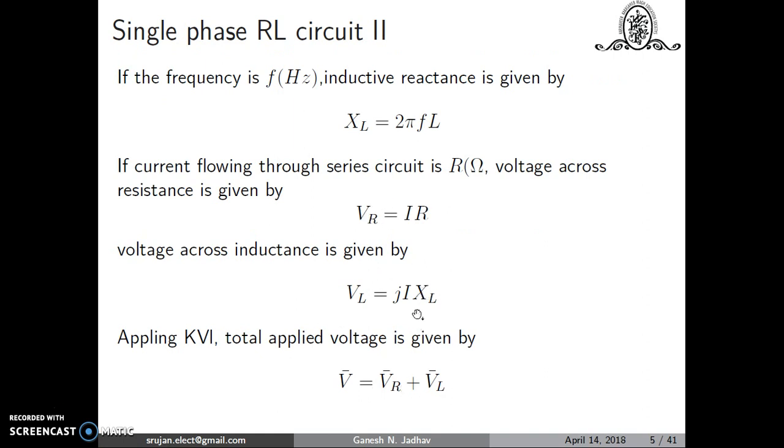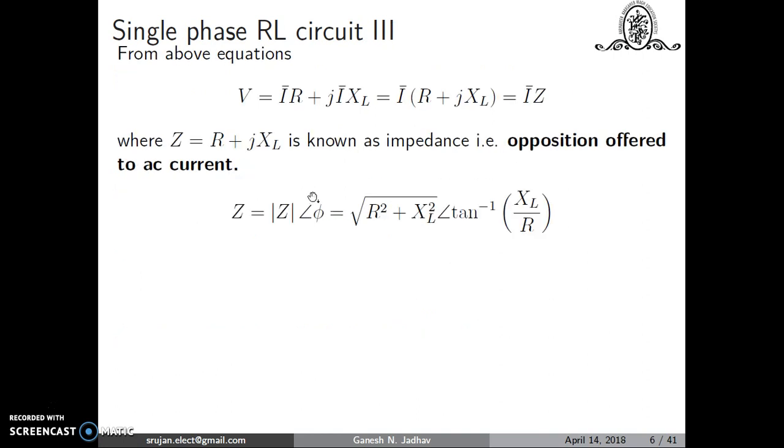Substituting the values of VR and VL from the above equations, we get V is equal to IR plus J I phasor XL. Taking the I phasor as common, what remains in the bracket is R plus J XL. This R plus J XL is known as Z, the impedance, that is the opposition offered to the AC current.